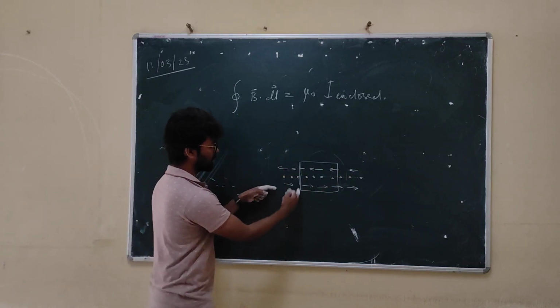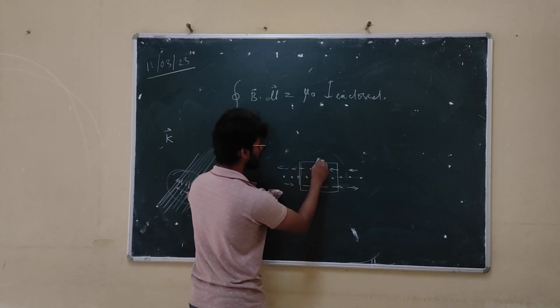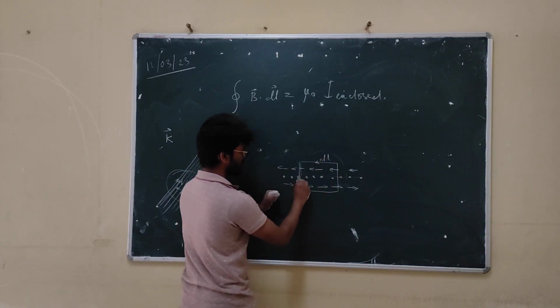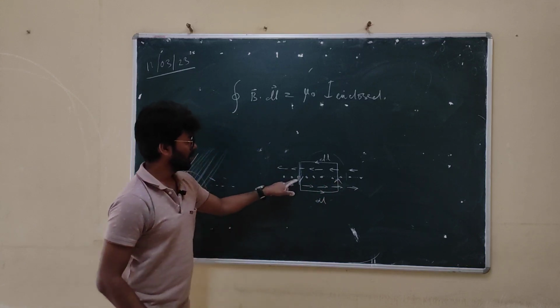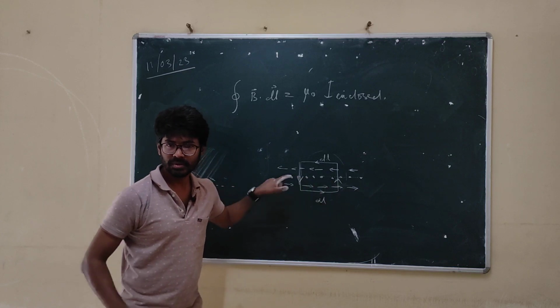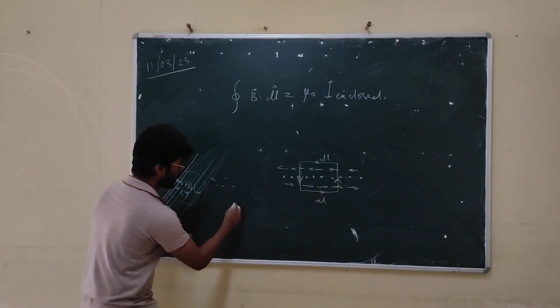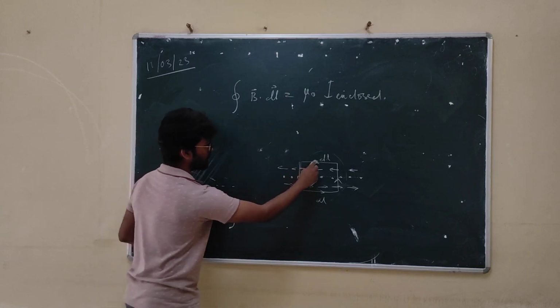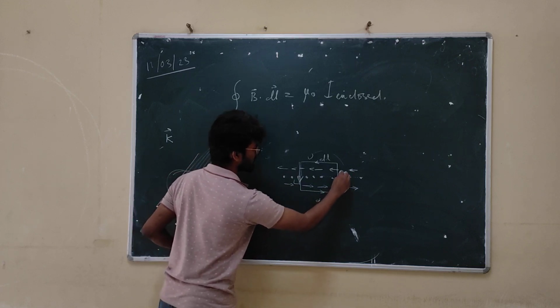So this part doesn't contribute to dl. So let's take dl like this, dl this way, dl this way. So these two don't contribute. Okay? So if I expand B dot dl, there are terms like, let's call this up, this is down, this is left, and this is right.